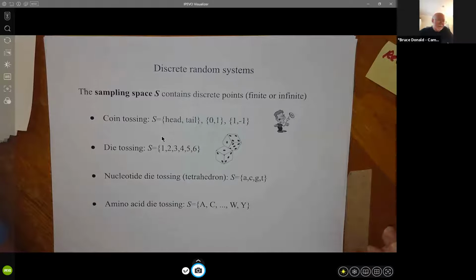For example, if you're looking at DNA, which has 4 nucleotides, A, C, G, and T, you can imagine rolling a 4-sided die, a tetrahedron, so to speak, and getting one of 4 letters back. If you're designing proteins, there are 20 naturally occurring proteinogenic amino acids like alanine, cysteine, tryptophan, tyrosine. And you can imagine tossing a 20-sided die, which would give you a randomly chosen amino acid.